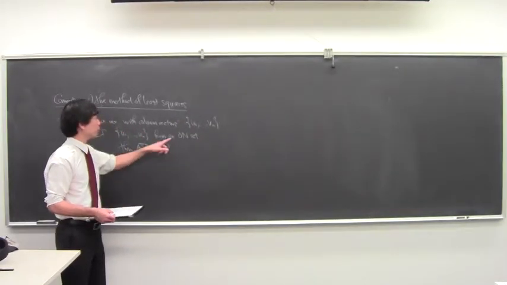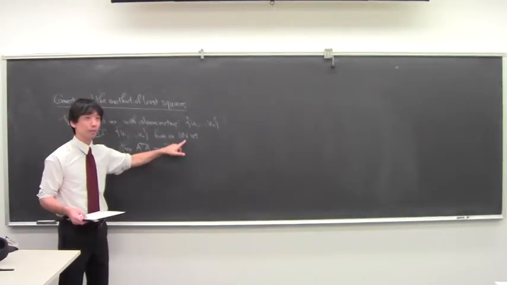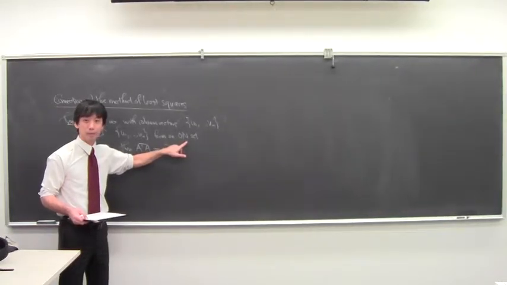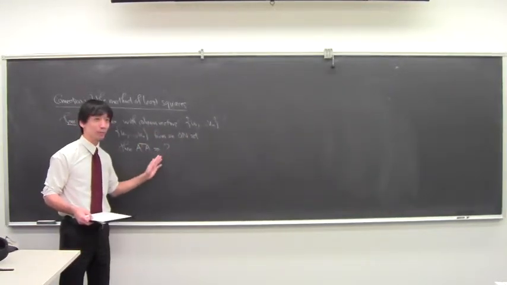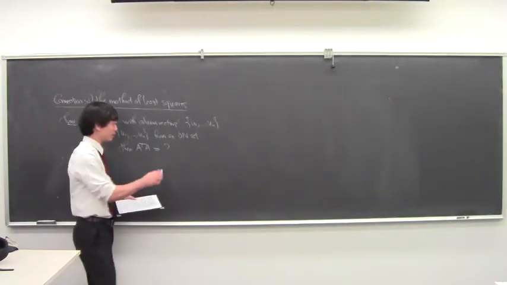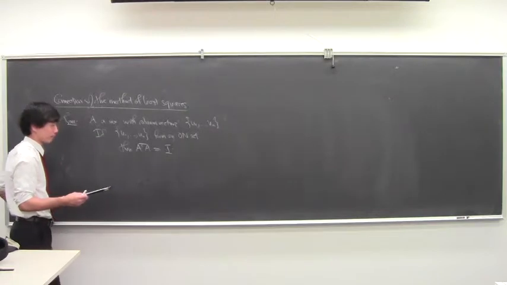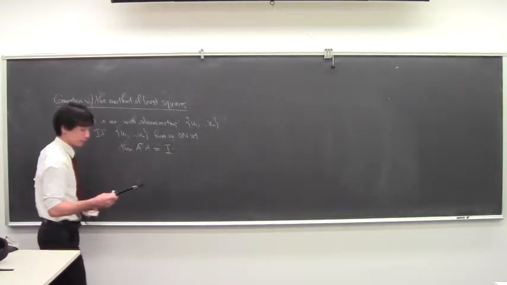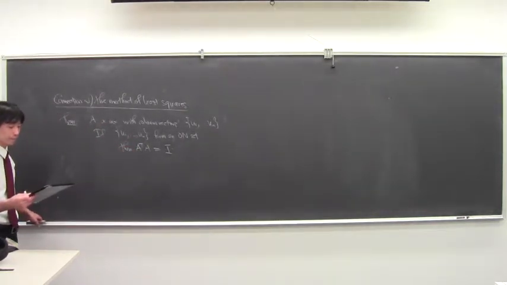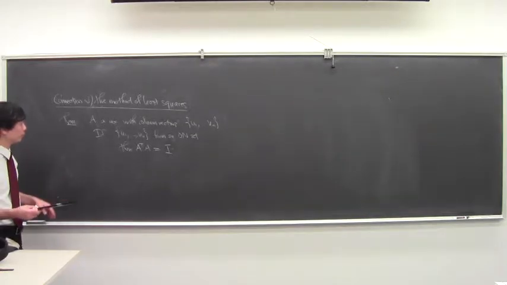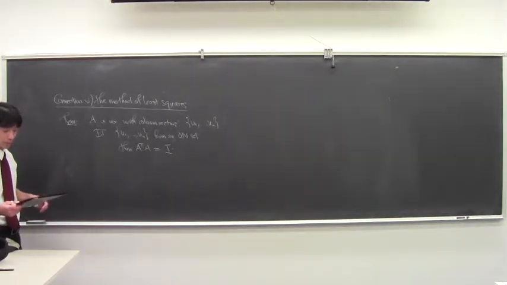But they're orthonormal, so the magnitude is 1, right? So it's a diagonal matrix with ones. In other words, the identity matrix. So the proof is obvious, just think about it.